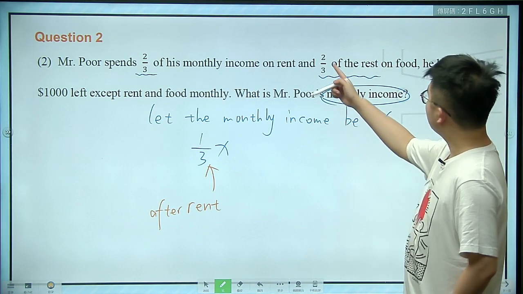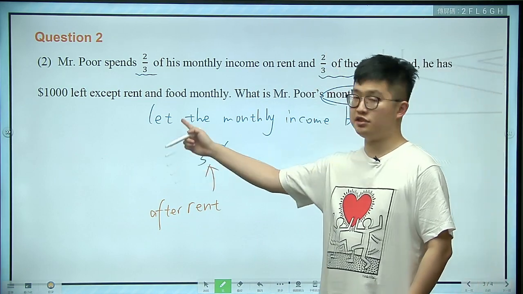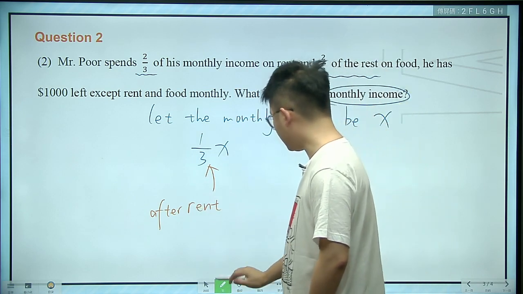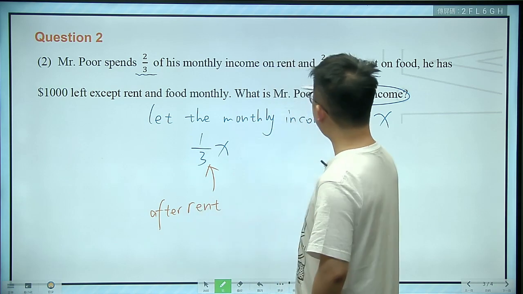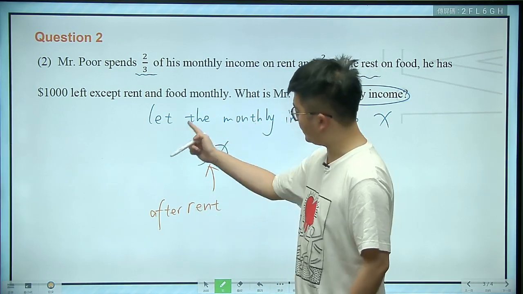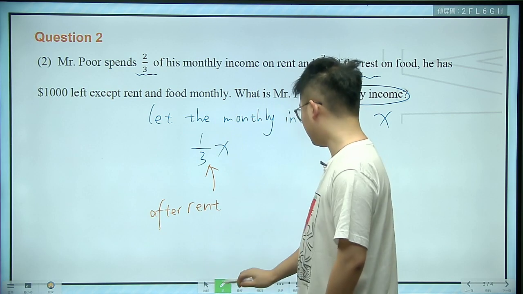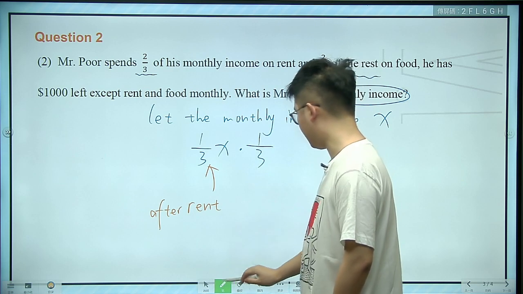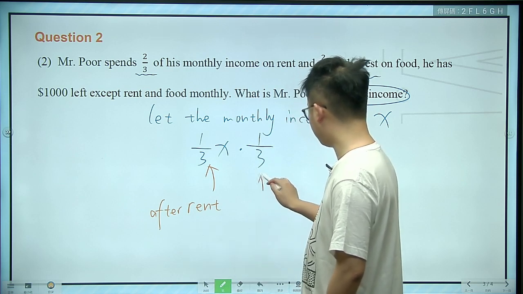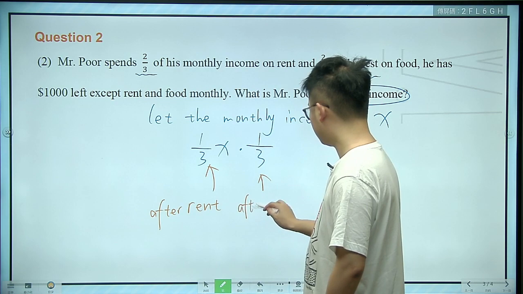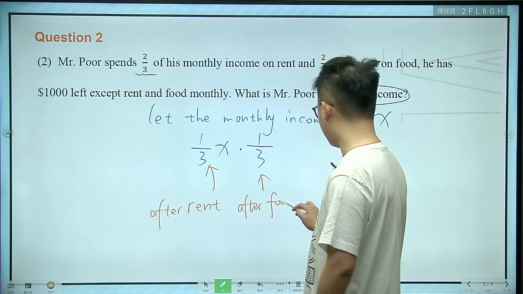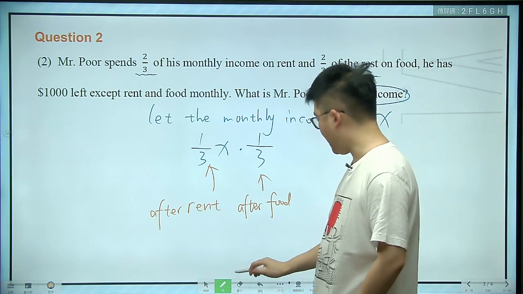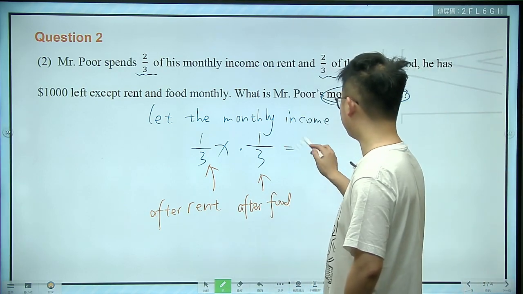And still, 2 over 3 of the rest is spent on food. So this is what we have left, and I spent 2 over 3 of this, so we should multiply by another 1 over 3. Now this is after food. This is what we have left, and what we have left is $1,000.